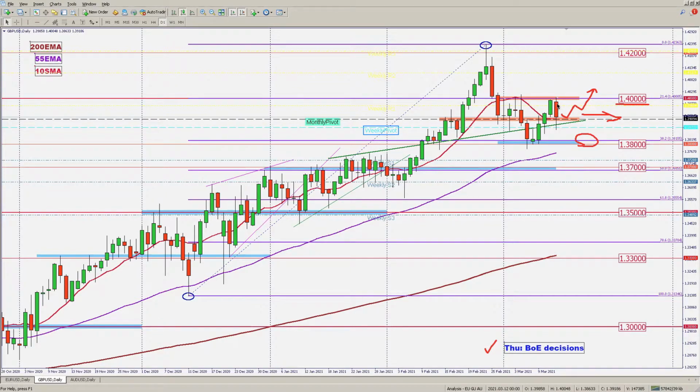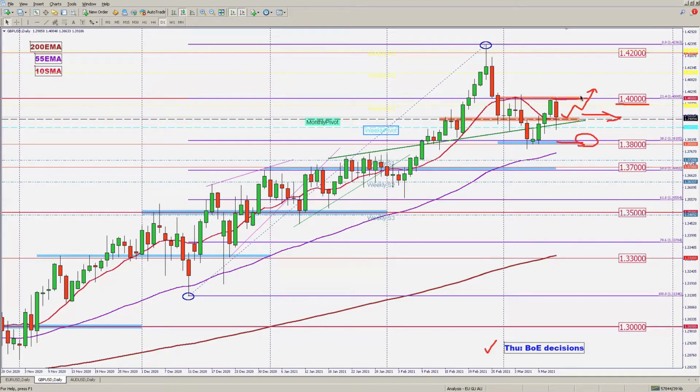So let's see if this week it's able to break up from this zone, and also it's fighting with the US dollar as the US dollar attempts to recover higher.